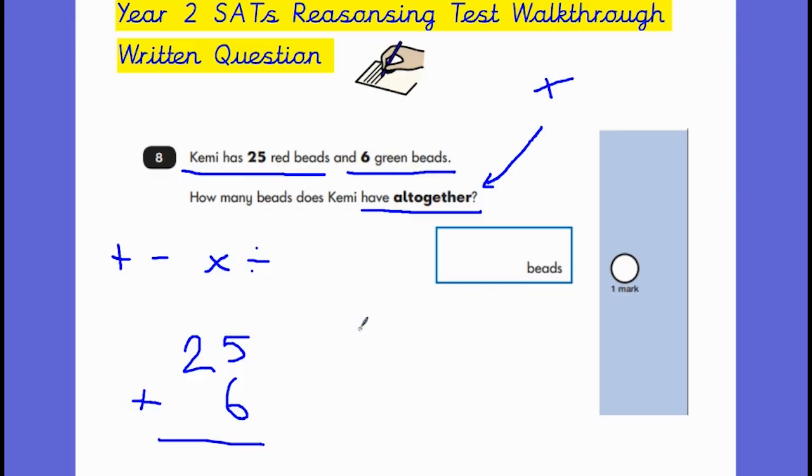or they might want to draw their tens and ones grid, which is perfectly acceptable as a method. So you make 25, 2 tens, 1, 2, 3, 4, 5, and then you're just going to add those 6 ones, 1, 2, 3, 4, 5, 6, and then they can count up what they've got all together.